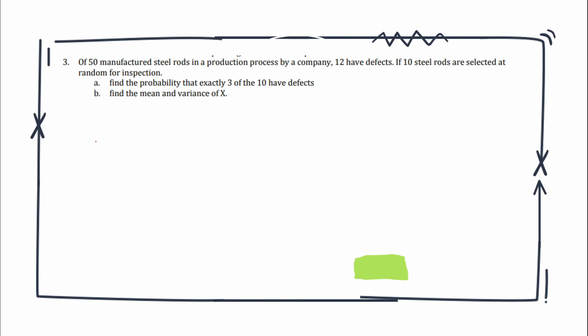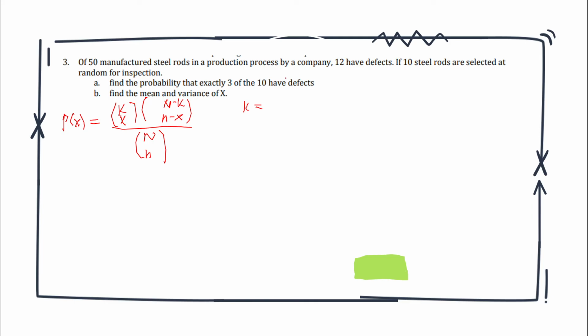So first, we are going to find what is the formula. So again, the formula is P of x is equal to k taken x times N minus k taken n minus x over N taken n. So first we need to find the value for k.